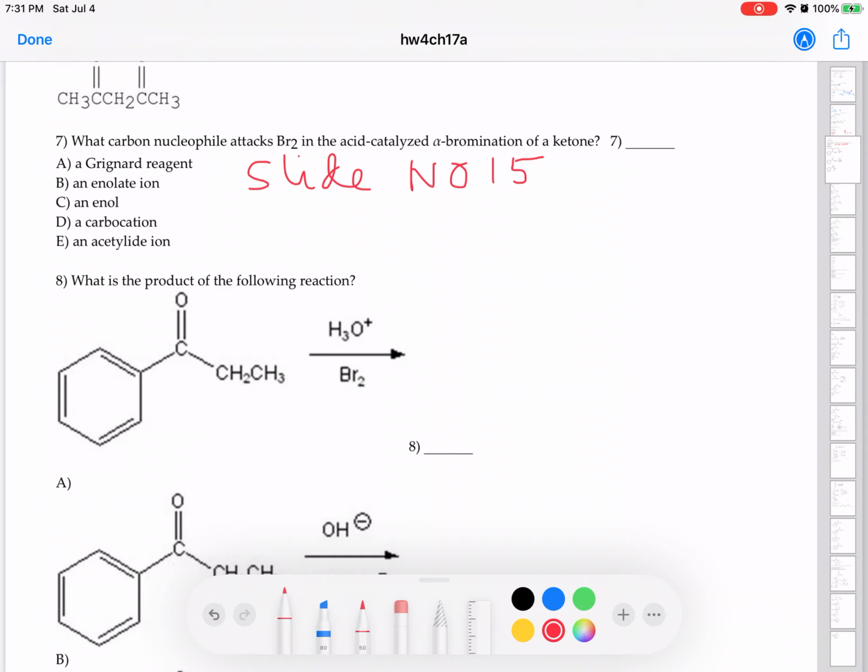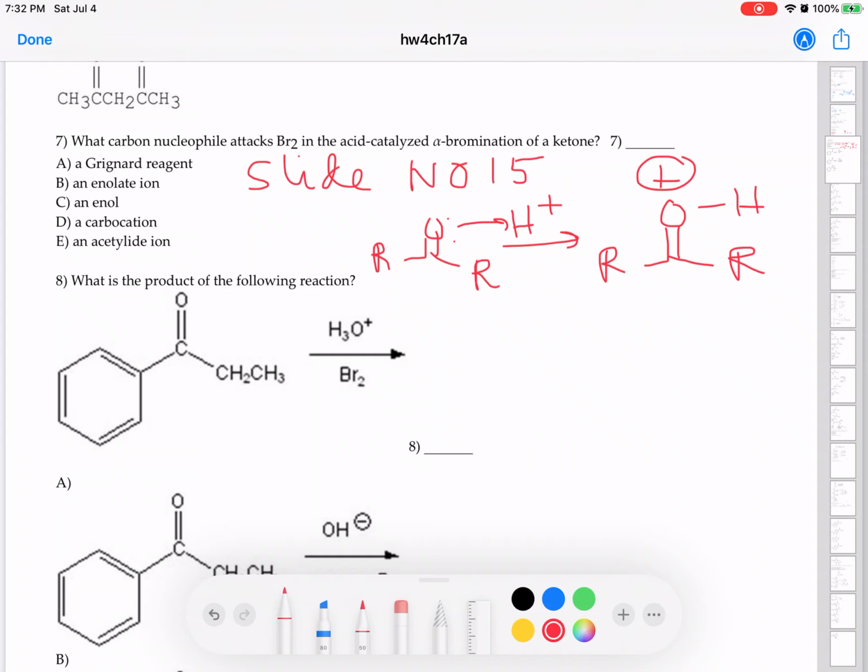So what first happens is, if this is your ketone, since it's acid catalyzed, this will first protonate. Alkyl group. And then it's going to form the enol. So if I expand it, carbon, hydrogen, hydrogen, and another hydrogen.